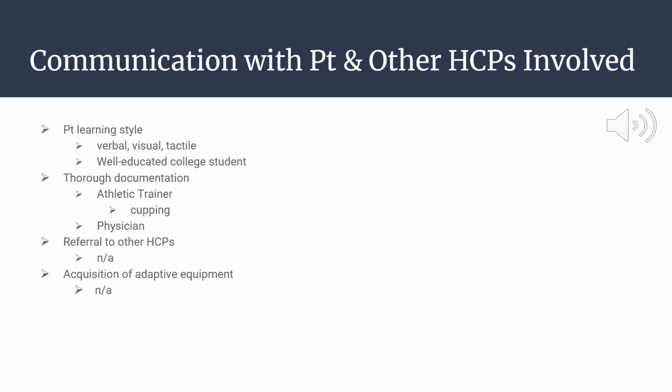In terms of the athletic trainer, that communication wasn't as clear as I would have liked it to be. It was a lot of the patient being the liaison between what the athletic trainer was doing with him and what I was doing with him.